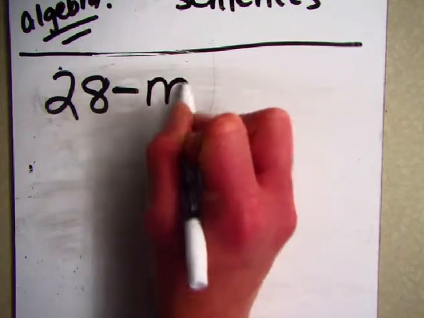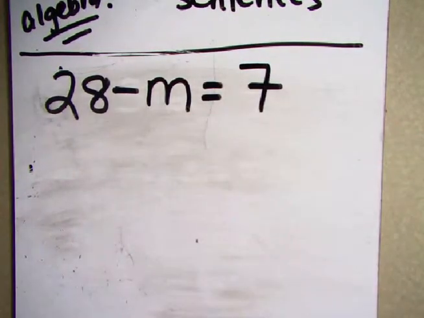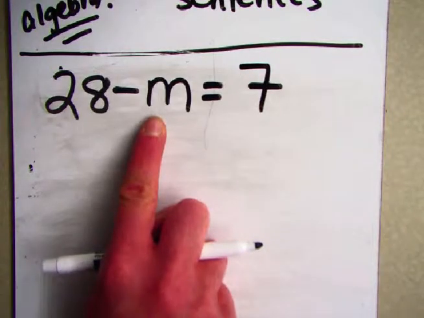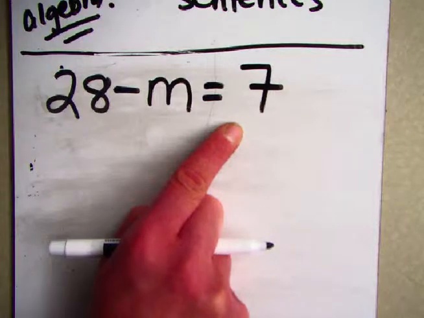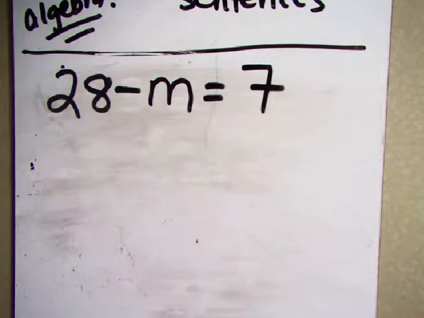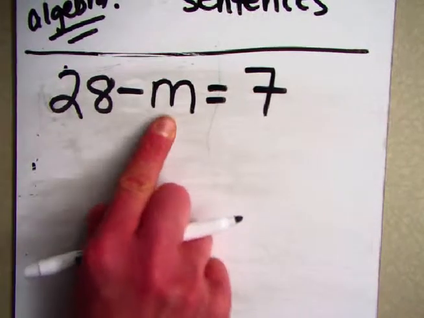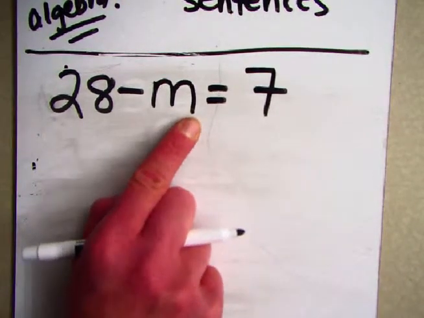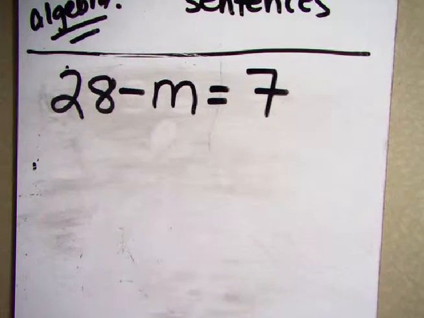28 minus some number m is going to be equal to 7. So I have to figure out what I am subtracting here to get 7. So I can ask myself, well, if I were to start at the number 28 and count backwards, how much would I have to count backwards by to get to 7? So you could do that in your head, you could do it on your piece of paper.